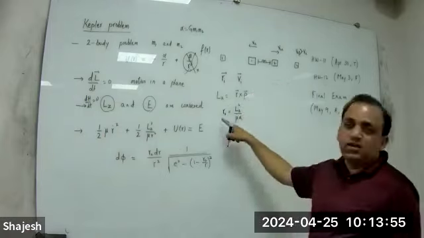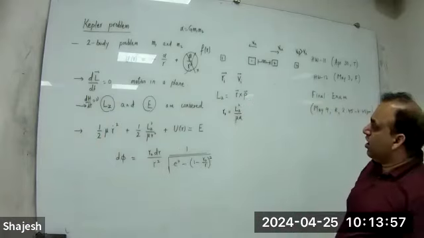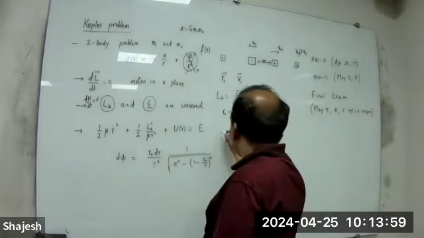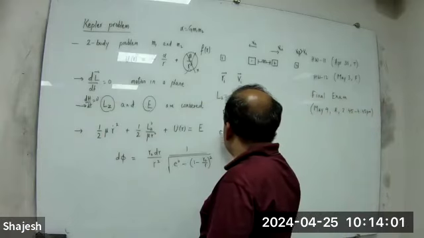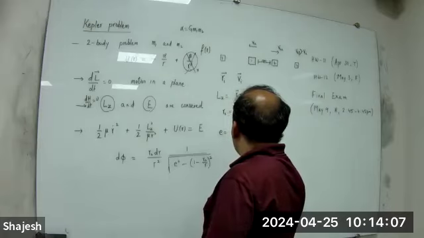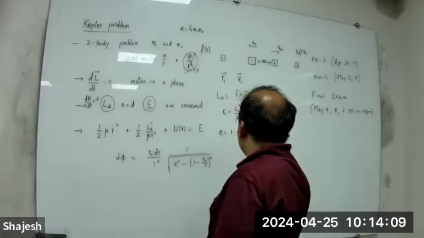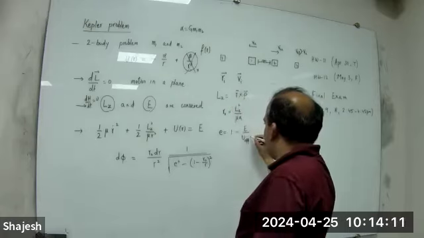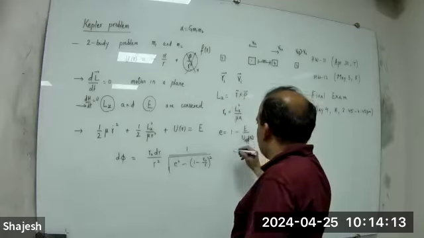If you fix Lz, your R naught gets fixed, and energy is fixed using the eccentricity. Eccentricity is equal to the square root of 1 minus energy over the effective potential at R naught.